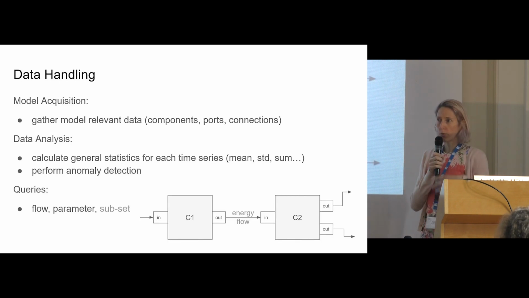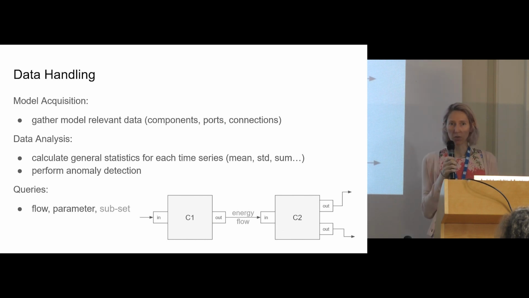Before we can actually visualize something, we need to have a basic structure of the underlying model of the system. The system is composed of components, and each component can be, for example, the engine or the heater.